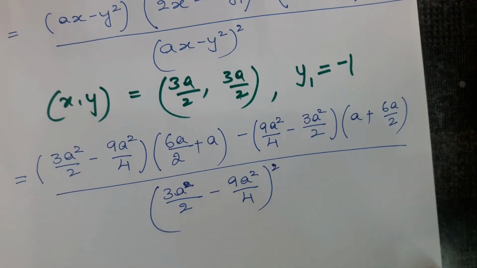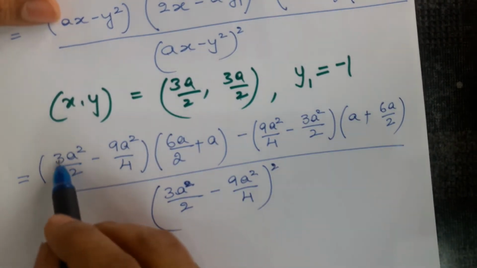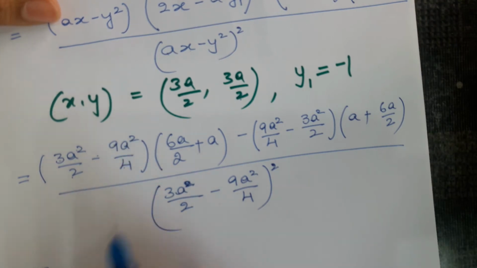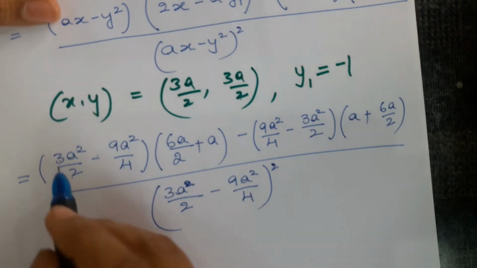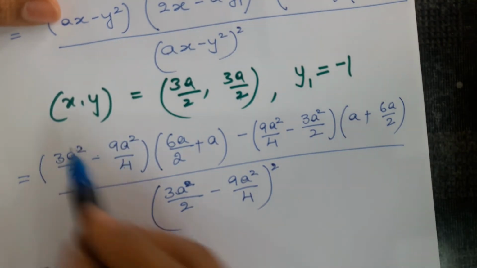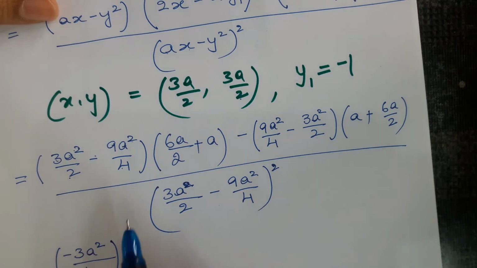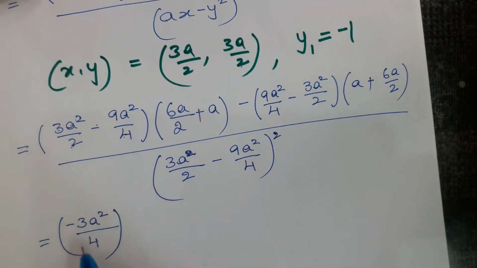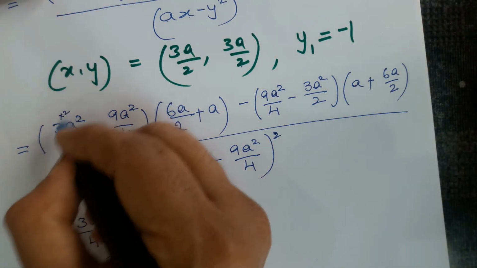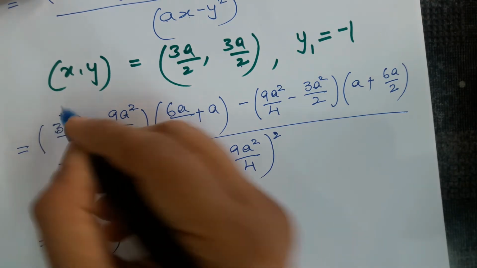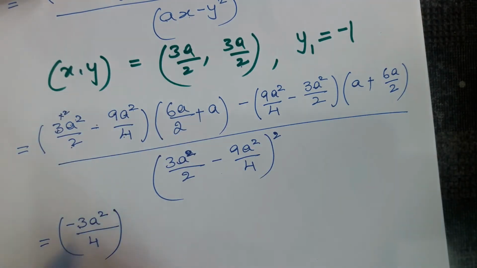Now we will simplify this. What is 3a square by 2 minus 9a square by 4? 4 is the LCM, so 2 will be multiplied here, 6a square minus 9a square, 6 minus 9 is minus 3, so minus 3a square by 4.